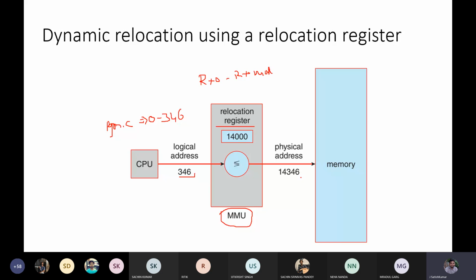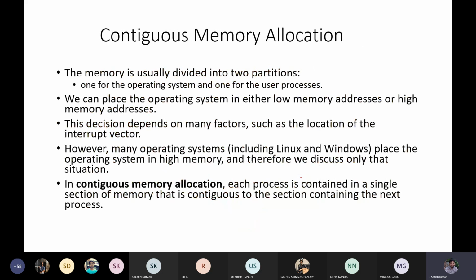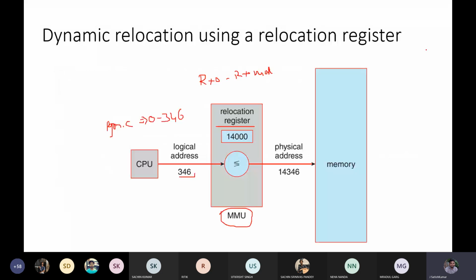Now the main issue is how the memory allocation is happening. For example, you have this memory. Suppose some part of memory is taken by the operating system. Say some process P1 is there, some process P2 is there. P2 is finished. Let us say this memory space is available.